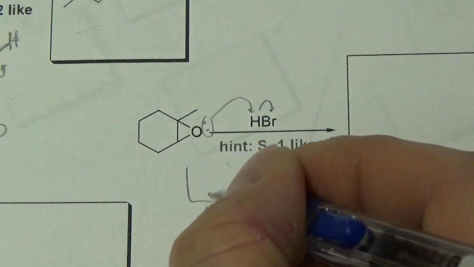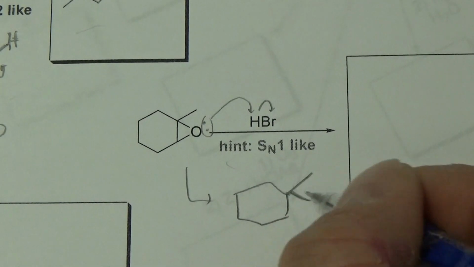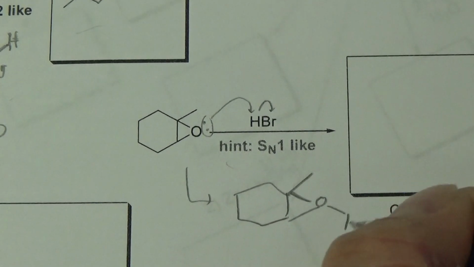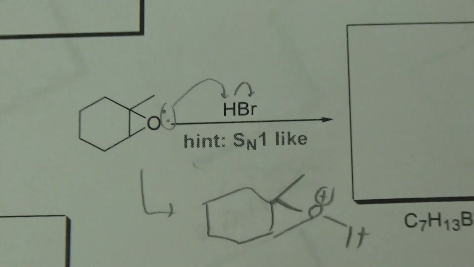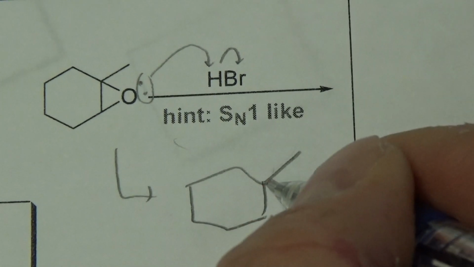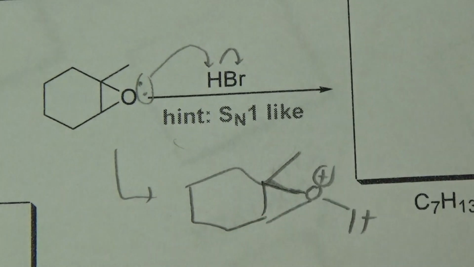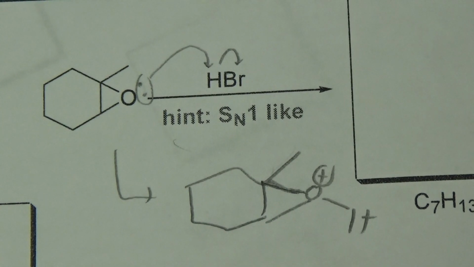Protonate the epoxide. Alright, and what happens in an Sn1-like reaction, ethers or epoxides? You cleave the, or in this case you open it. So you're going to open it to make what kind of carbocation?